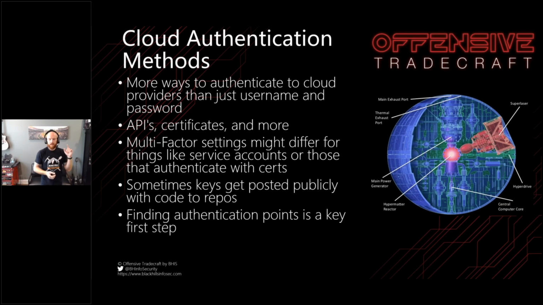We might do some phishing, which is great, but it still is going to require us getting some sort of username and password to do anything interesting with it. With Azure, AWS, GCP, for the most part, we're looking at access keys or APIs or certificates because they provide even more ways to authenticate, and a lot of times they are logged completely differently.